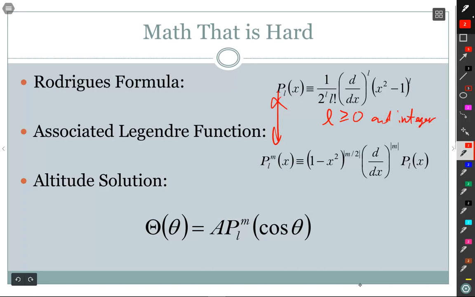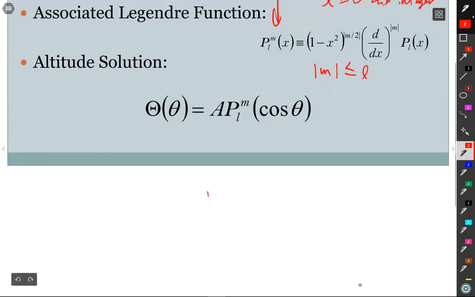And the second one, we have the absolute value of m is less than or equal to L. And so now we can say, m is equal to minus L, minus L plus 1, 0, L minus 1, L. Those are the possible values you can have for m.